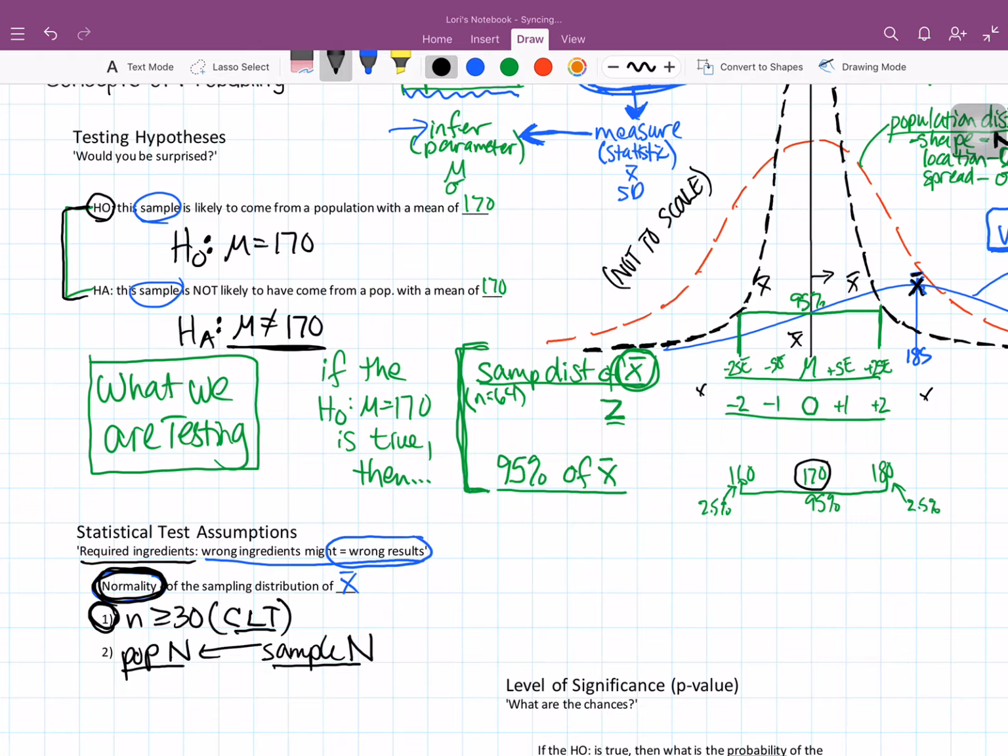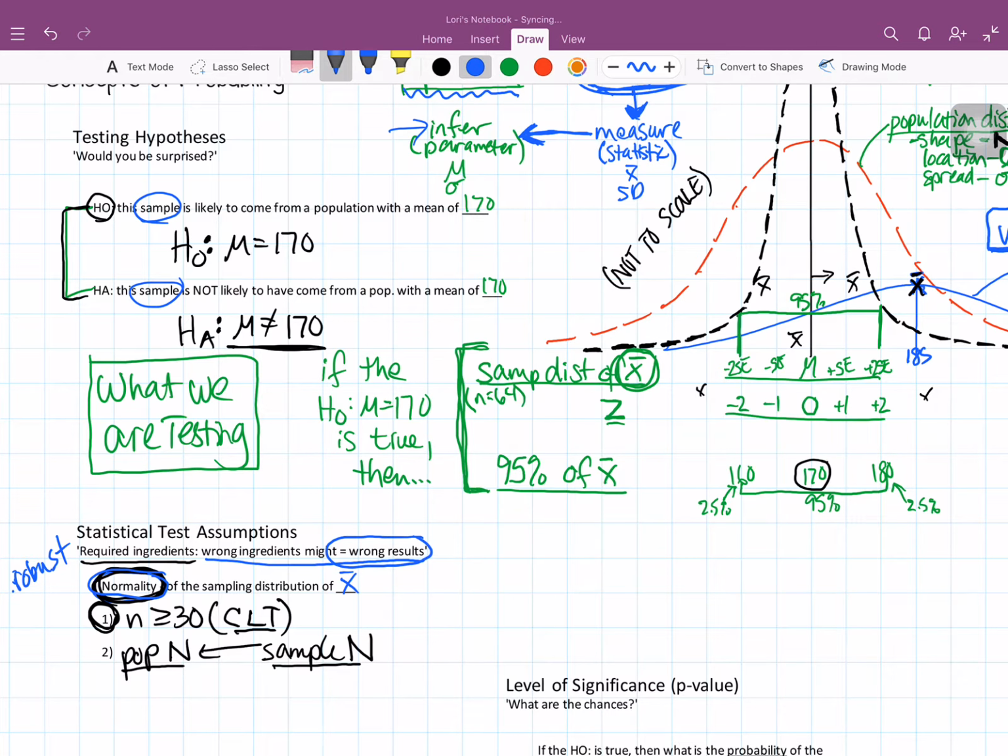The interesting thing is that statistical test assumptions are actually pretty robust. I'm going to write that here, robust. By robust, what we mean is it's resilient against minor deviations from the assumptions being correct. You might look at a normal curve and say, well, it's not perfectly normal, or there's a tiny bit of skew, or even a medium amount of skew.